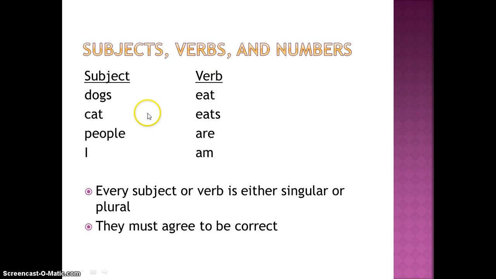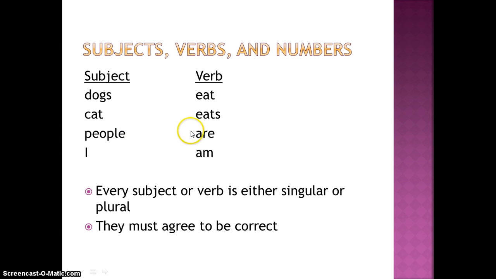Again, this is why using your ear and your common sense and your experience is very helpful, because you know that 3 dogs eat. 3 dogs don't eat. You know that. So eat is plural, eats is singular. Disregard the S. Don't let that trick you. People. People is a collective noun. It is referring to more than one person.